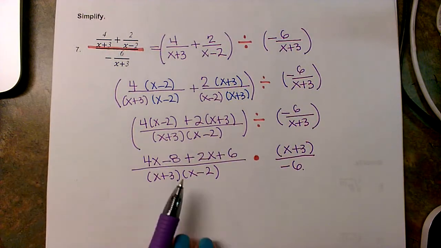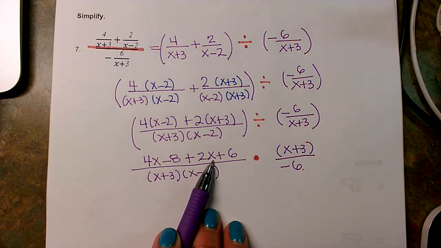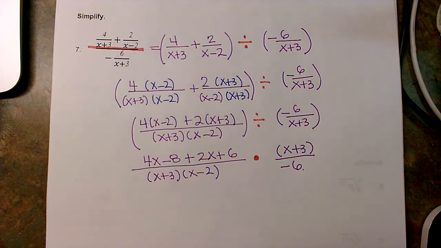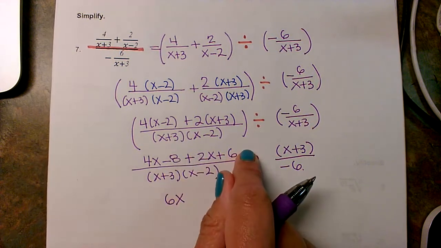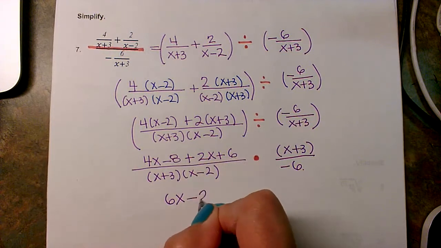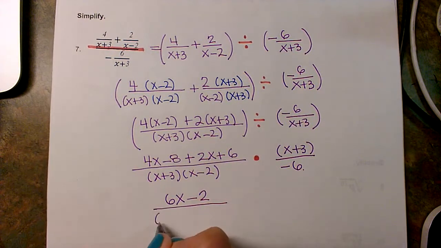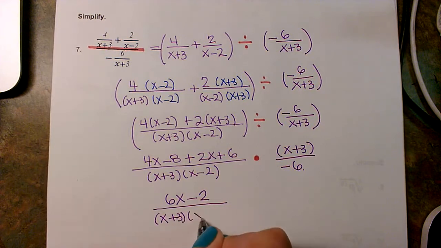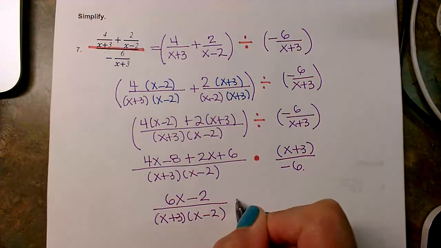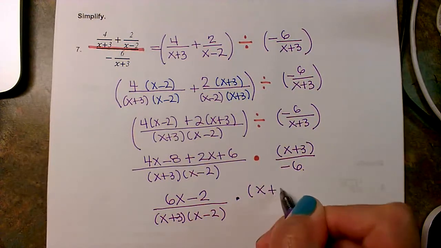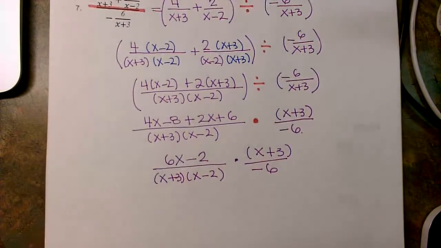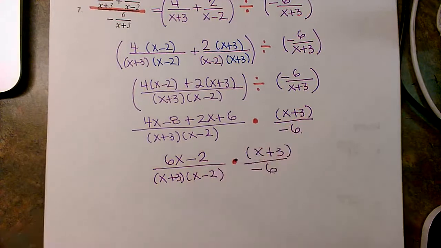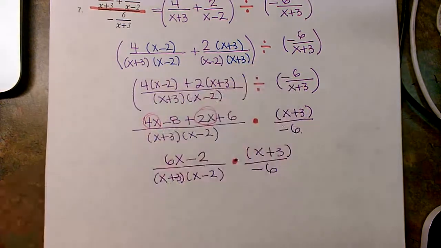Now, 4x plus 2x will be 6x minus 8 plus 2 plus 6 is minus 2. Right here, I'm just combining the terms, okay?